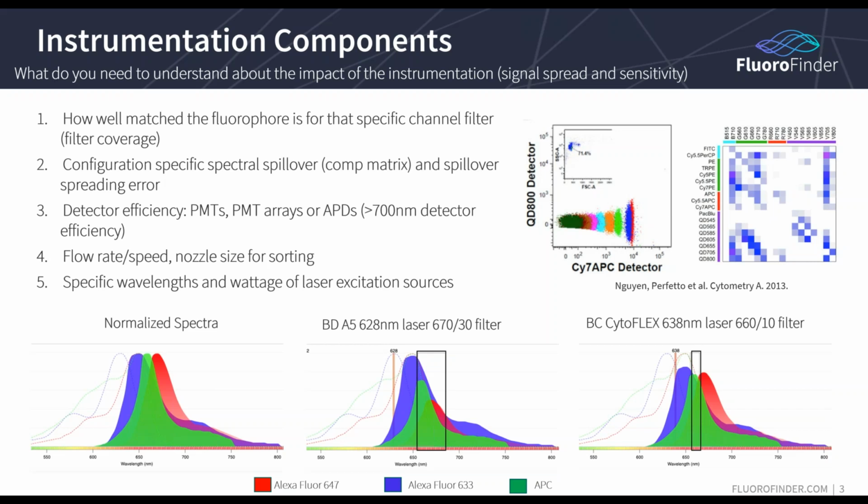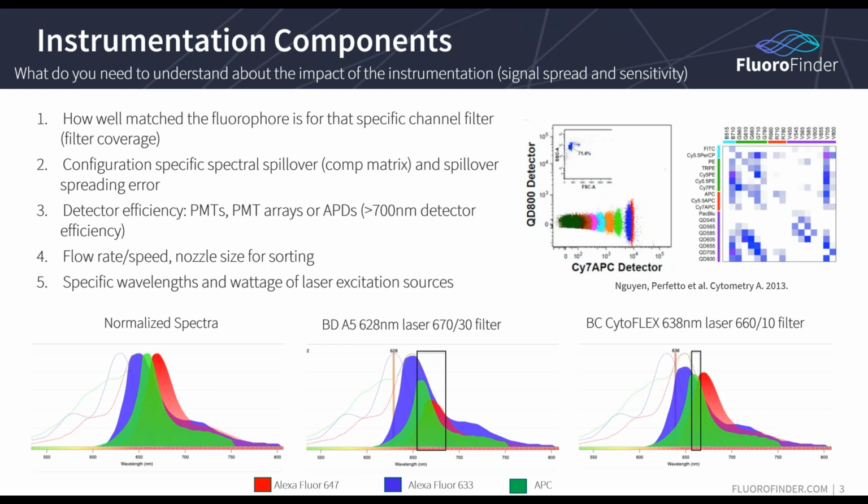I have been working for the last few weeks on our database, because programs are only as good as the quality of the database. And I want to make sure that we're always having very well curated information that is standardizing fluorophores, trying to take into account the user experience on the different sensitivity of instruments. So just as an example, being a fluorophore person for a long time, normalized spectra has always annoyed me.